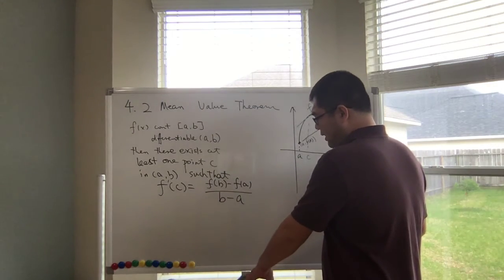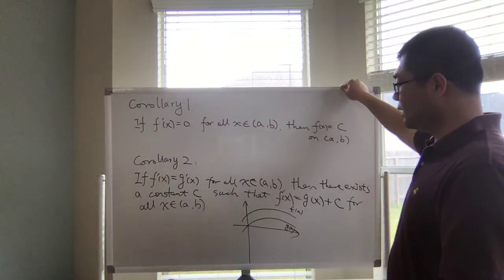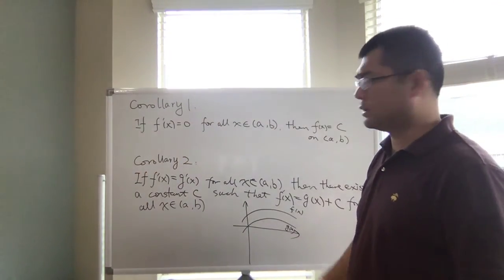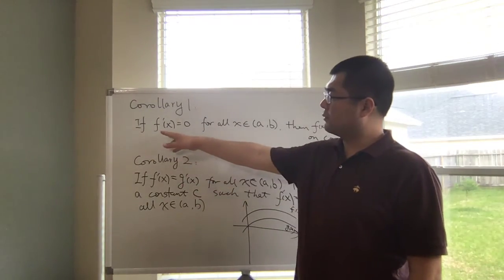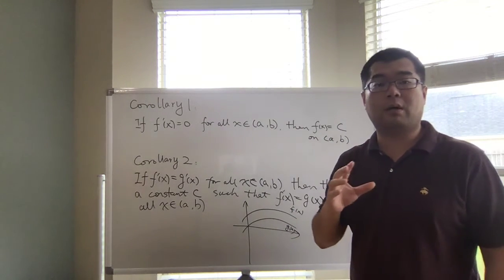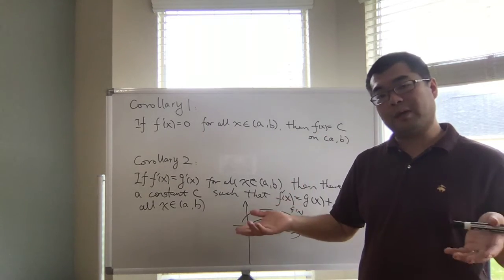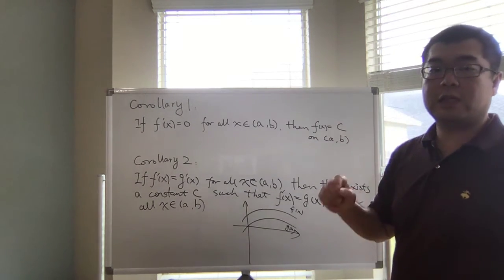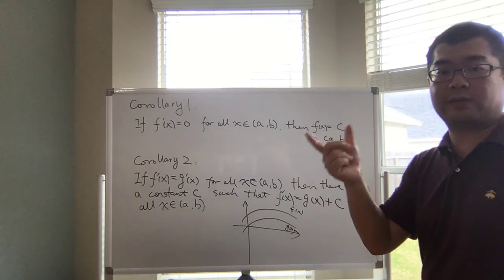So after that, now let's look at two corollaries from the mean value theorem. Okay, and you can actually think about this. The first corollary says like this: if the derivative of a given function is 0 for all the x inside this open interval from a to b, then it can guarantee that f(x) must be a constant function inside of this interval.